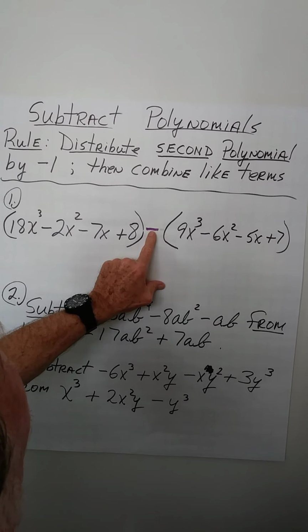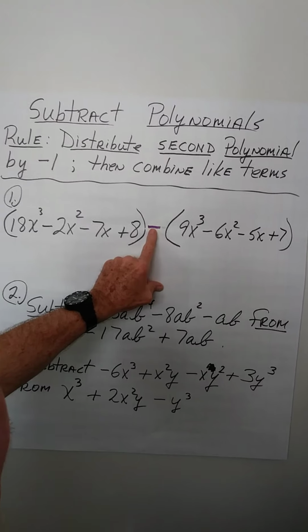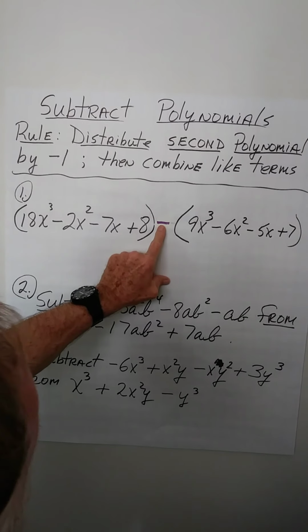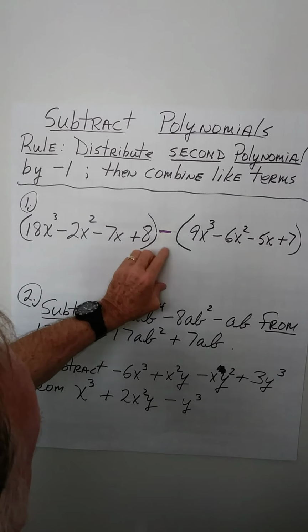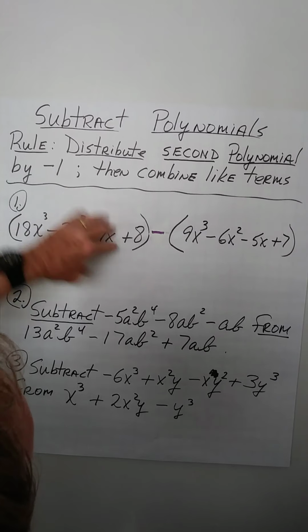You go to the subtraction sign, and the rule of subtraction says you change it ordinarily to an addition. I'm not going to do it because I'm going to offer an alternative which is the same thing, but I'm just kind of talking about the rule. The first one stays as is.